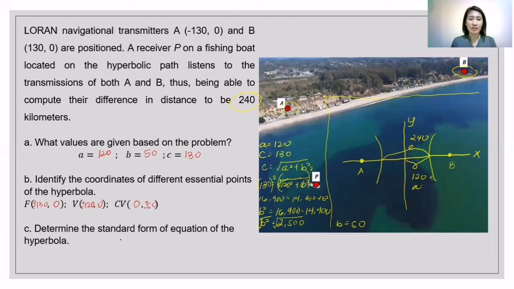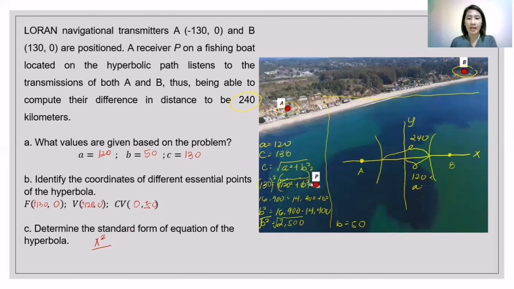And for the last one, determine the standard form of equation of the hyperbola. Since our transverse axis lies on the x-axis, we can have our formula as x squared over a squared minus y squared over b squared. So we're going to have x squared over a squared.